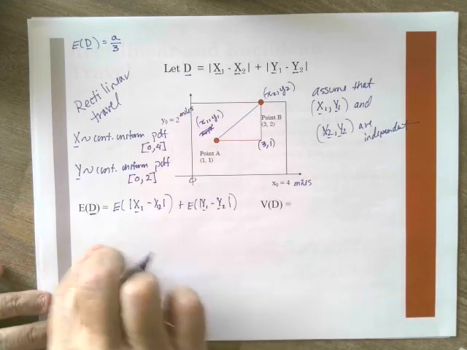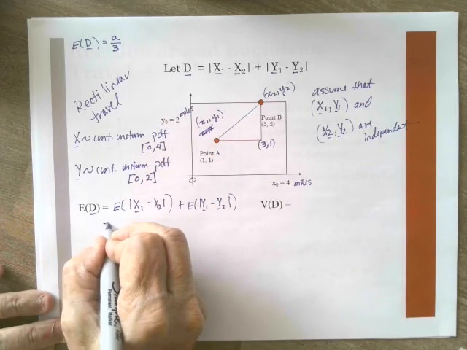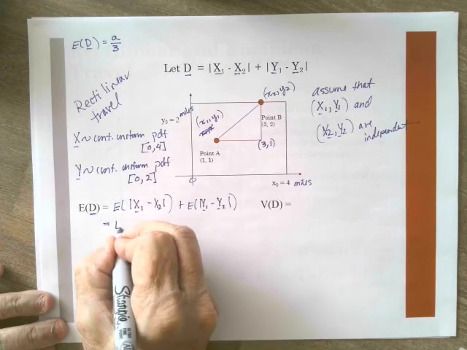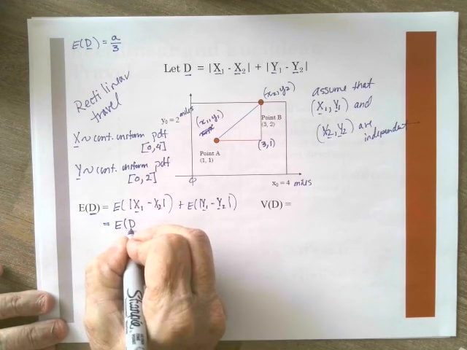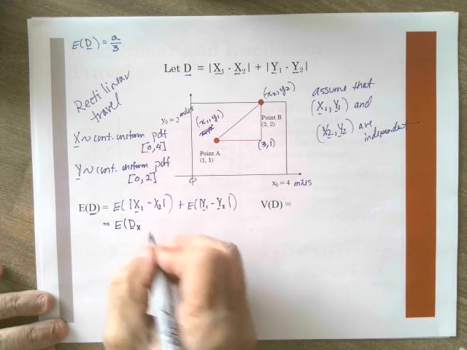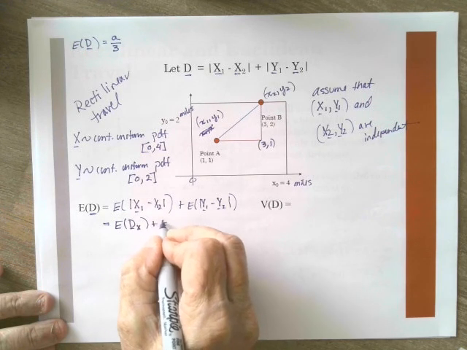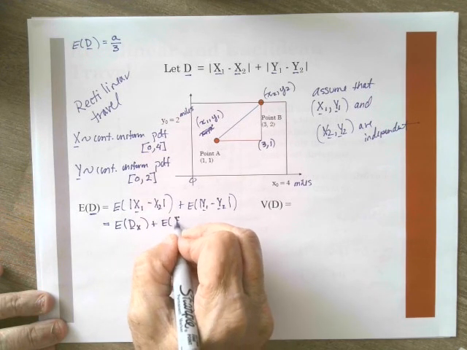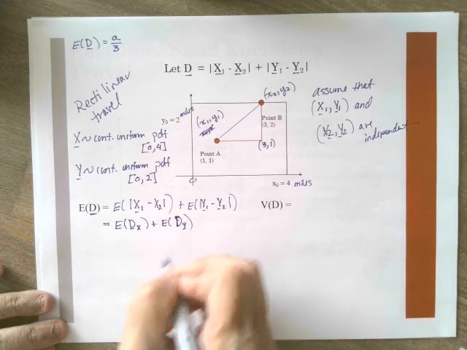So the expected rectilinear distance then is just basically saying what is the expected distance in the x direction plus the expected distance in the y direction.